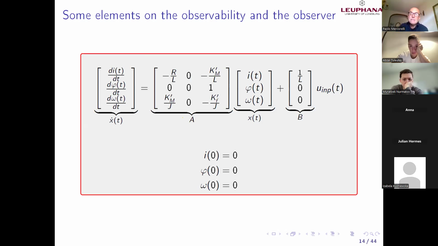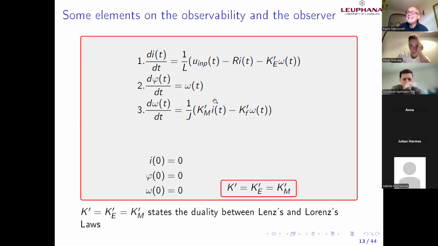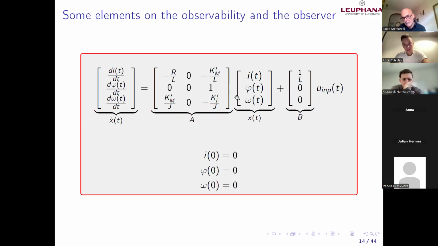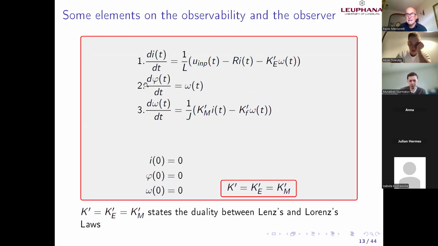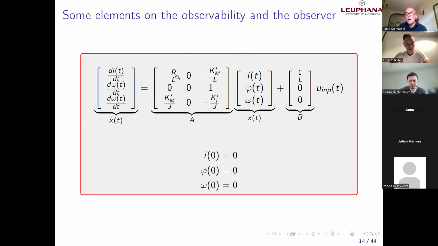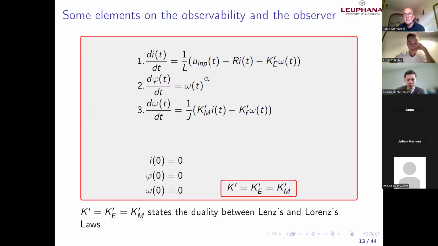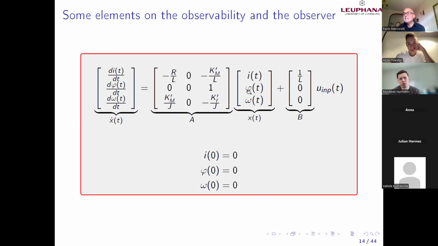This means this information here I can translate into this form here, in which we have the same system. If you remember the rules for the product between matrix and vector, we can see that the derivative of the current equals, like here, the first row multiplied by this column: minus R divided by L multiplied by the current, plus 0 multiplied by phi.